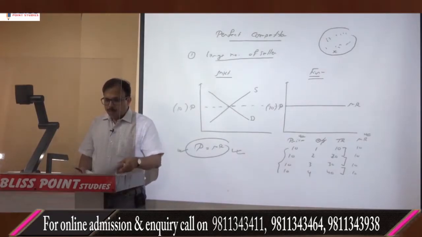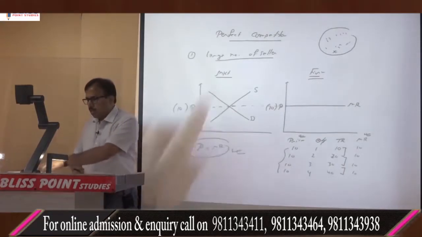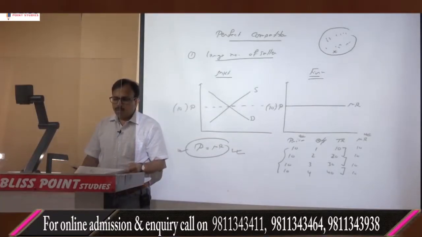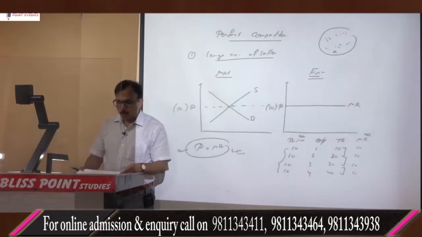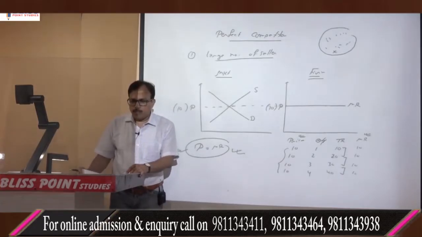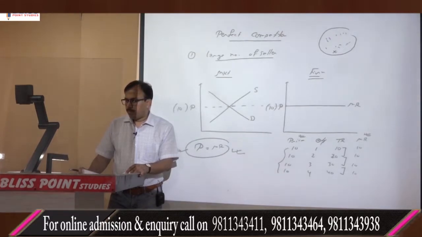This feature implies that there is a large number of sellers. This feature implies that a single firm does not have any control over price, which is determined by the market.